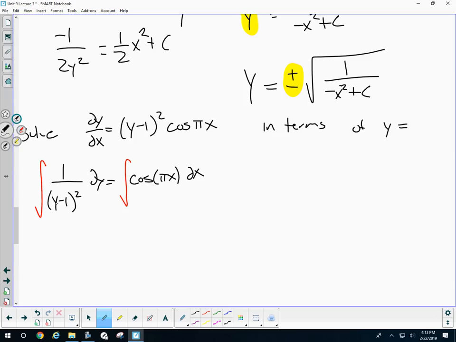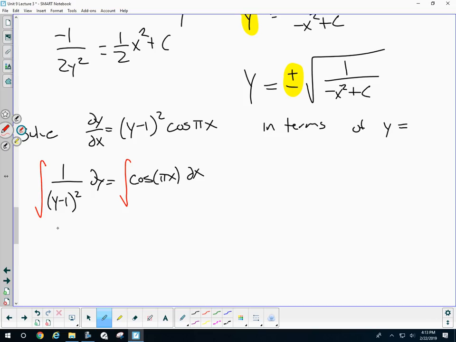Now, this is like a situation where we have an ax plus b to the negative second. We can take the antiderivative of the outside and then make sure we multiply by 1 over a at the end. But since it's just y minus 1, there's no coefficient of y. I don't have to worry about it.